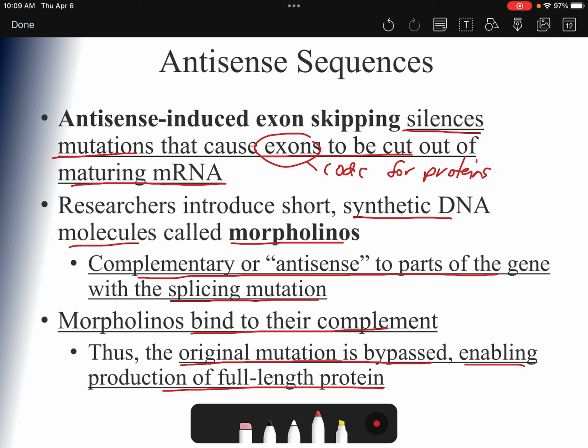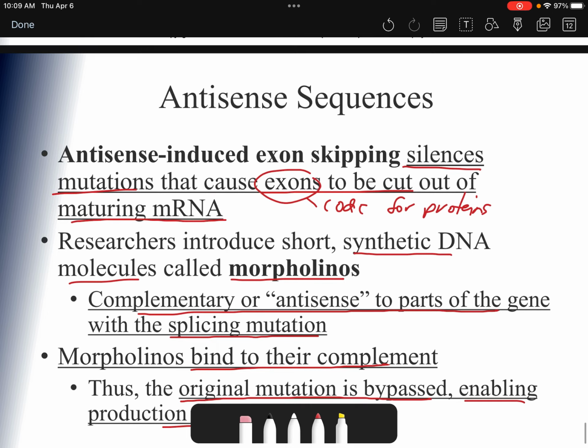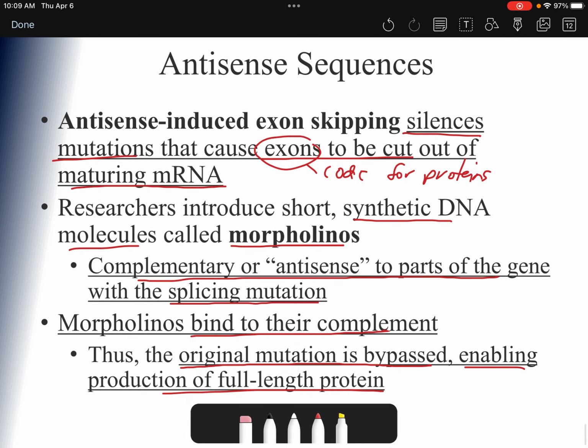It can stay in there, and your protein gets made. And so that's another way of being able to alter things so that your proteins can still be made. And that is it. It's some complex information, but very interesting and exciting for the future, especially for people with genetic disorders.